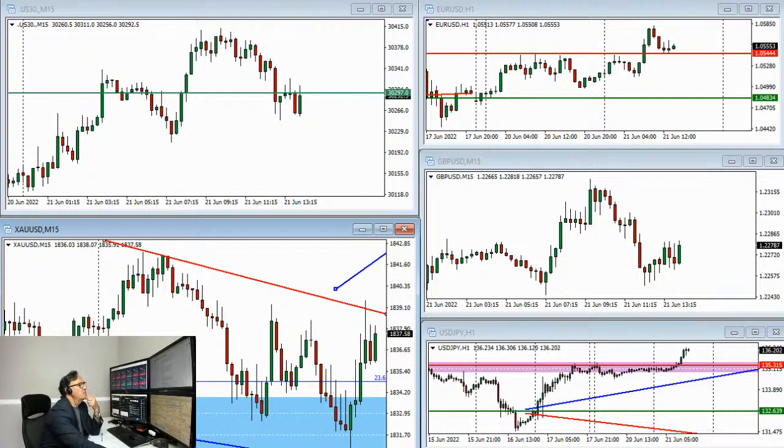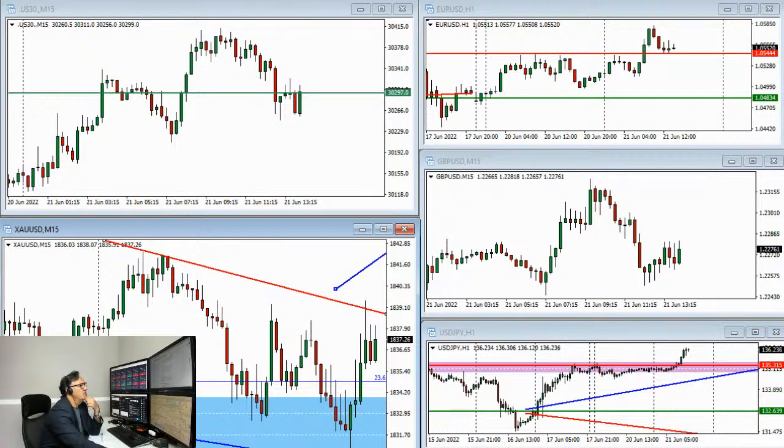A variety of comments from European Central Bank speakers throughout the European morning. The dollar traded quite steadily. It was lagging against major G10 currencies, except the Japanese yen, which is weaker than the dollar, and you can see dollar yen moving higher.